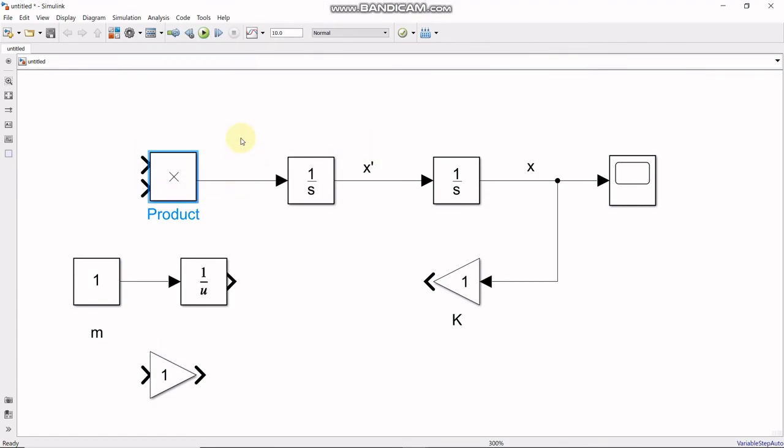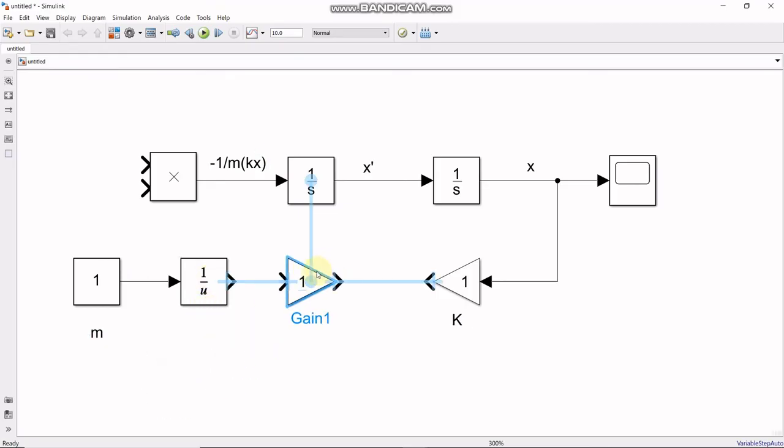So the signal that will come here will be my minus 1 divided by m into kx. Signal that will come in here. So this is my m, this is my 1 over m, so what will come out here will be 1 over m, 1 divided by m, will be the signal here.